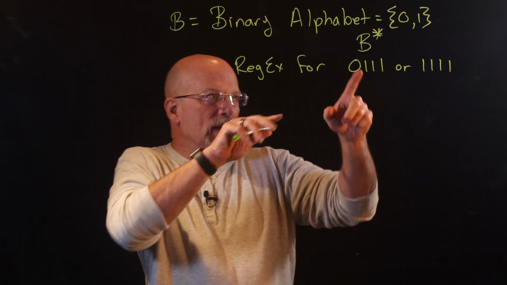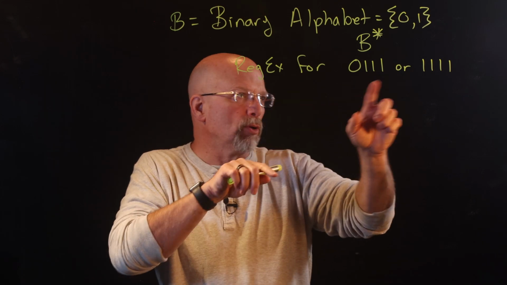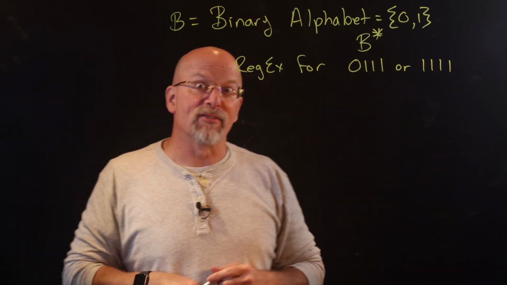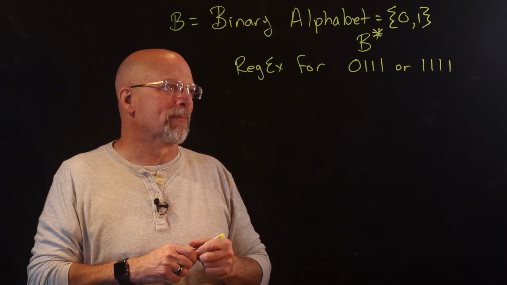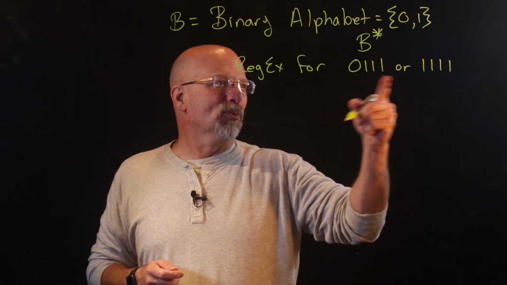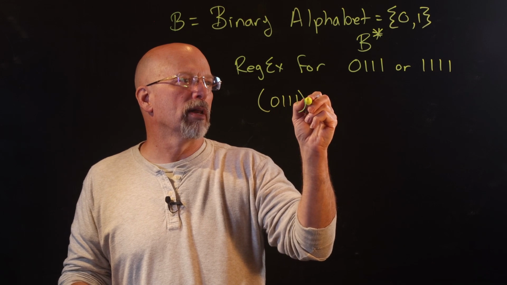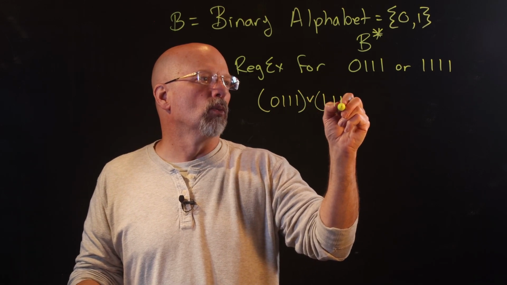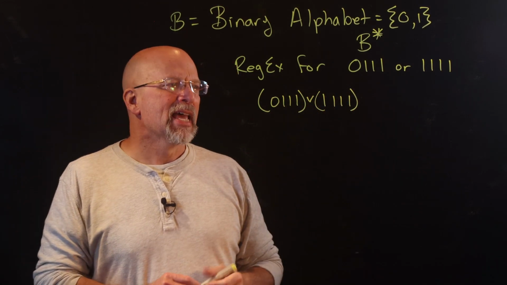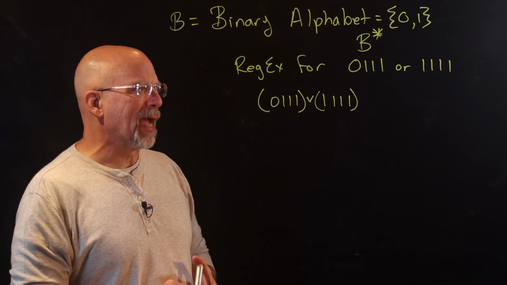And what I want to do is come up with a regular expression that will pull just these two out of that combination of everything, right? Well, I've already really kind of set it up here. This is just 0111 or 1111, right? Is that the only way we could write this?